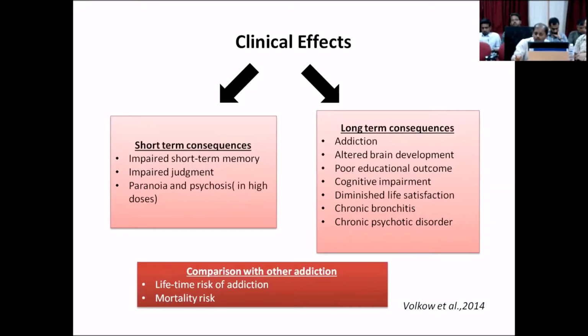However, compared to other substances like alcohol and tobacco, there has not been definite evidence of an increase in mortality in epidemiological studies in people who use cannabis for a long time.